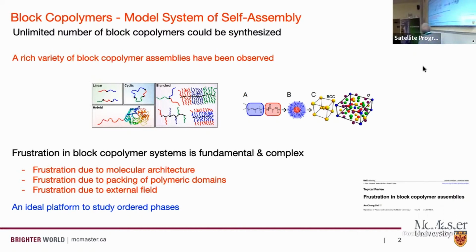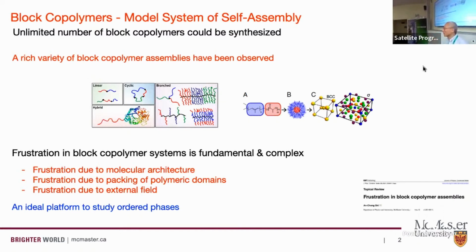Now, one unique thing about block copolymers is that because they're composed of different ingredients, they are intrinsically frustrated. What that means is that there are opposite interactions in the system that drive the system to be frustrated.